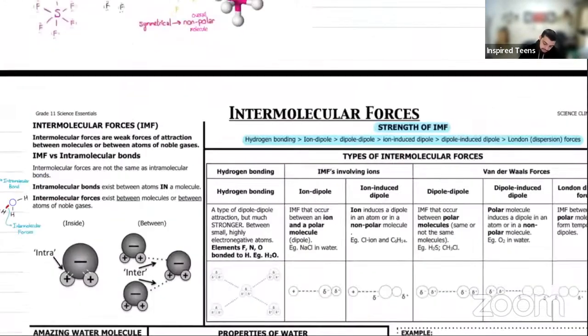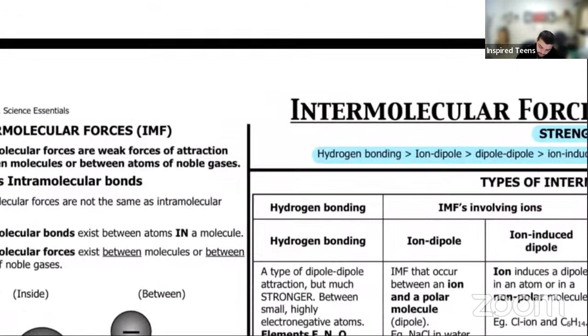You can just write it on top: a dipole is basically a polar molecule.